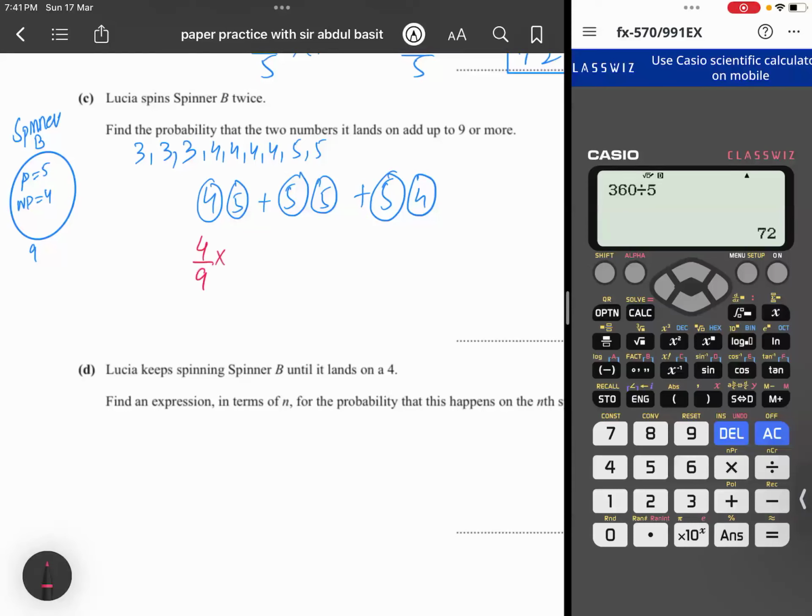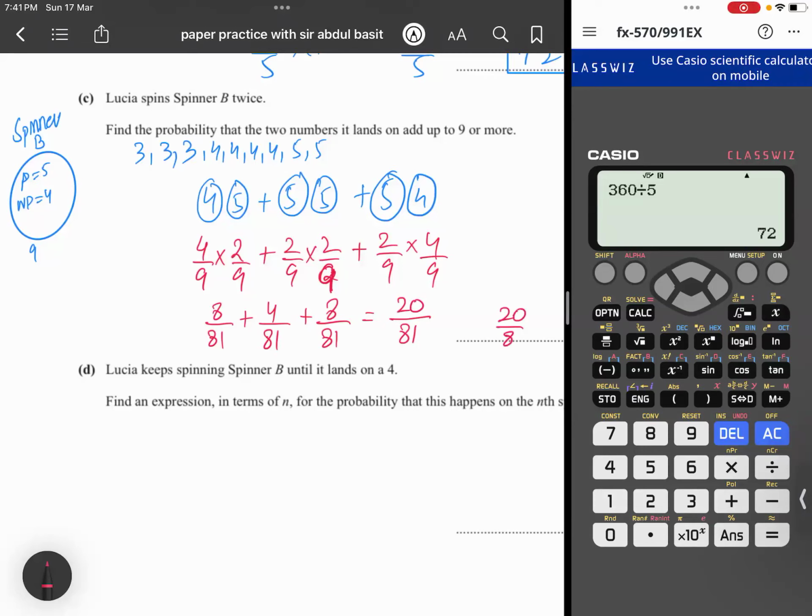The probability of 5 is 2 out of 9, multiplied by 2 out of 9, plus probability of 5 would be 2 out of 9 and probability of 4 is 4 out of 9. 4 times 2 is 8, 9 times 9 is 81, plus 2 times 4 is 8 over 81. The denominator is the same, so add the numerators: 8 plus 4 is 12, 12 plus 8 is 20. So beta, 20 by 81 is the final answer.